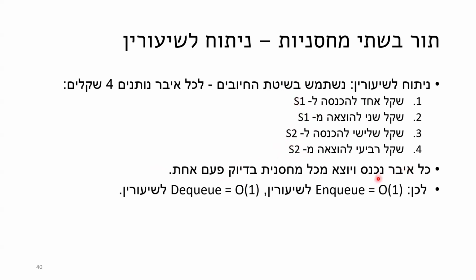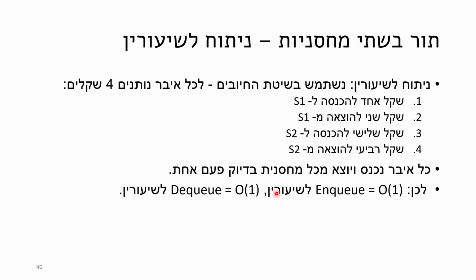So every element goes in and goes out from each stack exactly one time, right? Because we can't be popped from a stack twice. You can only be popped once. So therefore, these shekels are enough.